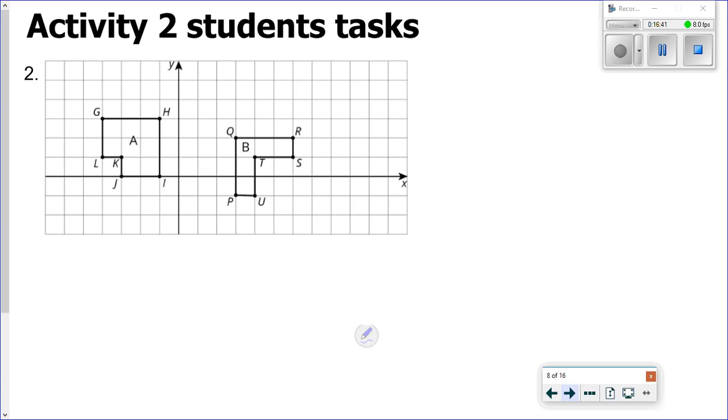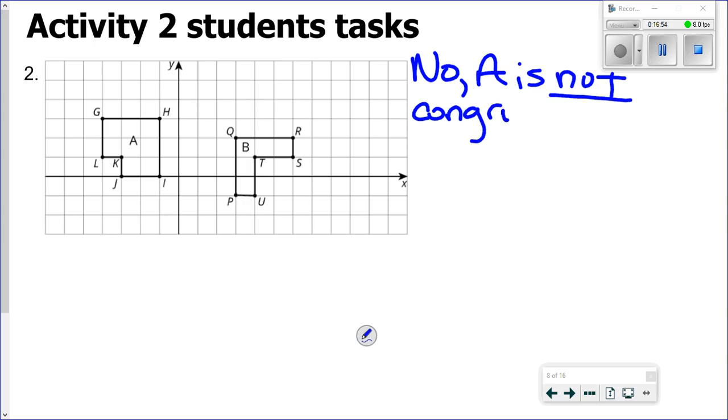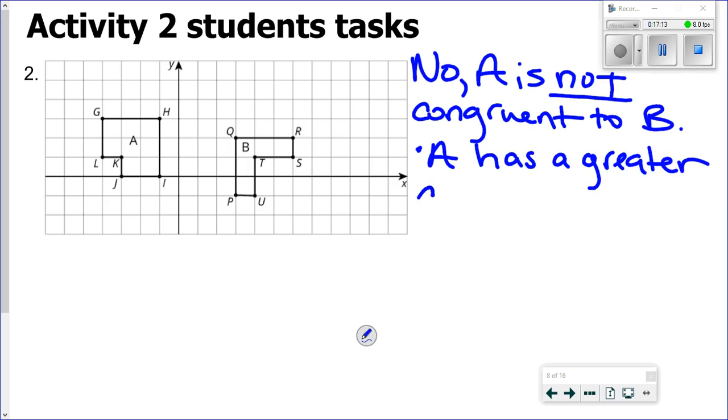Hopefully, after performing several rigid transformations, you realize that no, A is not congruent to figure B. So, a valid reason might be that A has a greater area than B. If you recall from yesterday's lesson, we were able to calculate the area of figures, and we talked about if their areas are different, then no, they are not congruent.